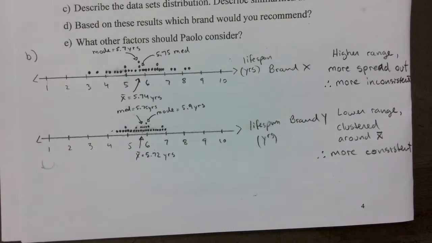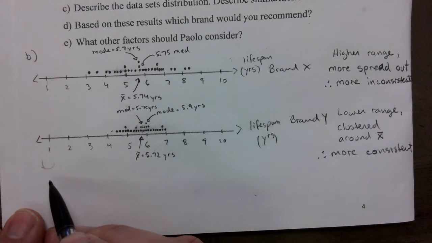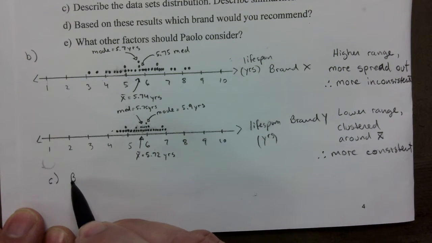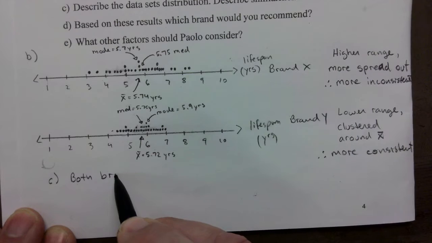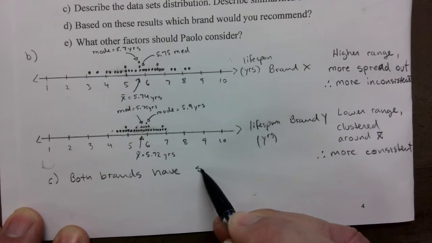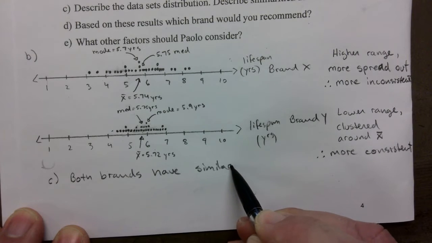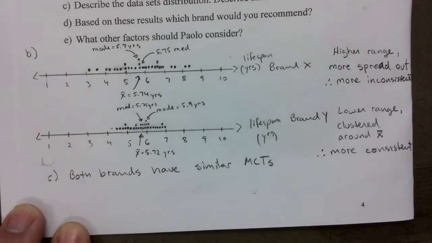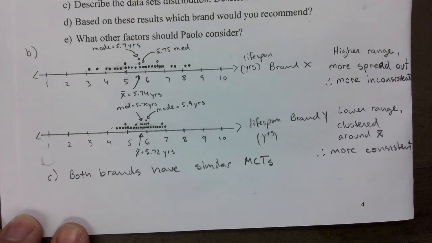So we could say that the similarities, I would say this about C: both brands have similar MCTs, right? Both of them have very similar mean, median, and mode.